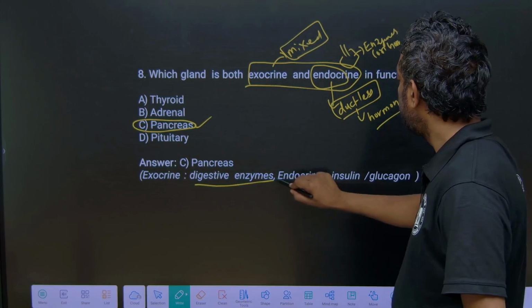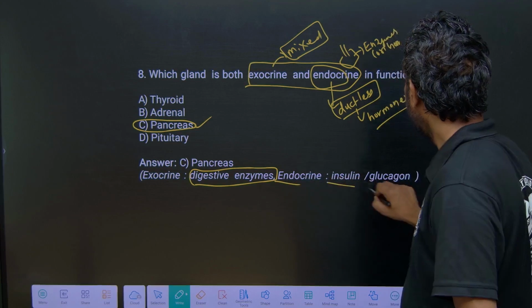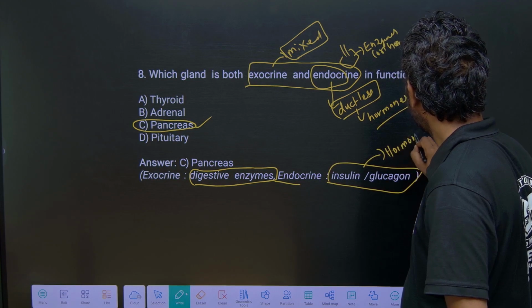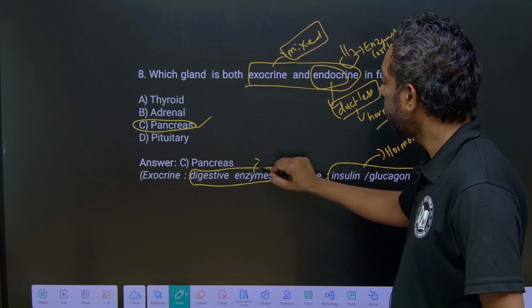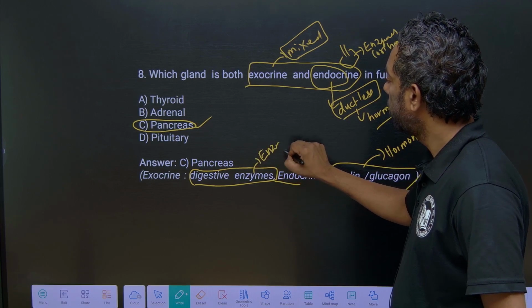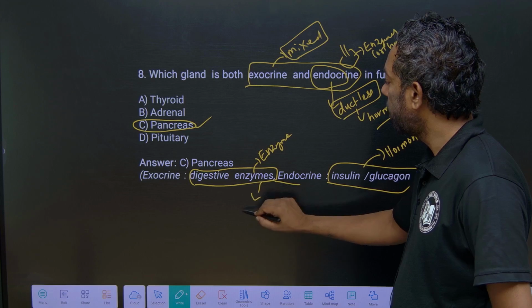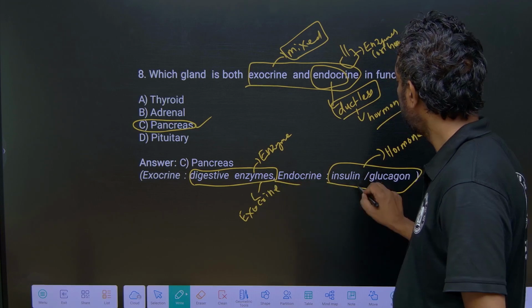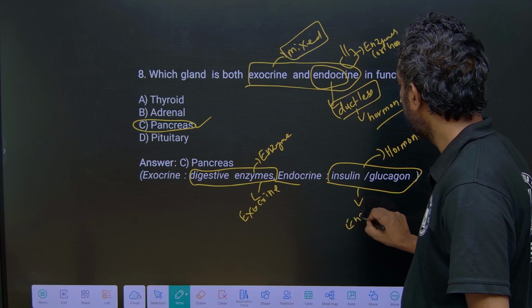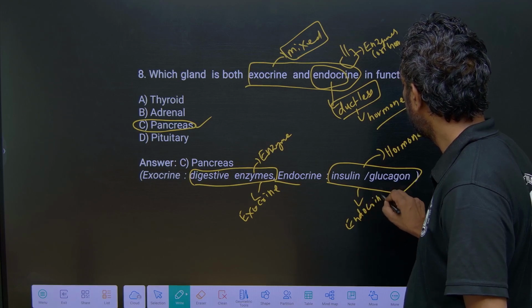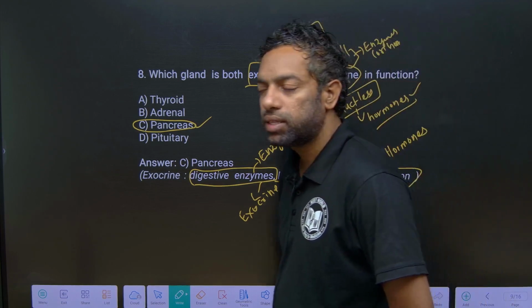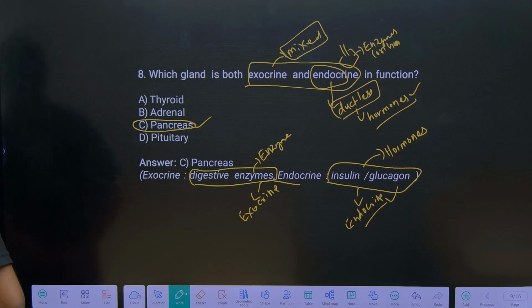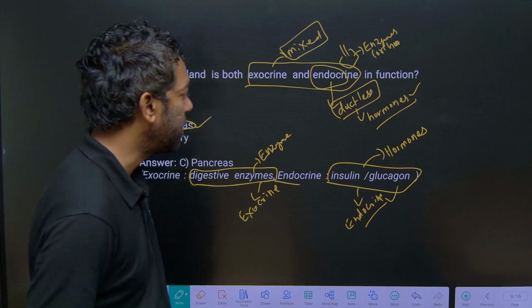It releases digestive enzymes and the hormones insulin and glucagon. Enzymes are exocrine, hormones are endocrine. This is about the exocrine and endocrine function of the pancreas.